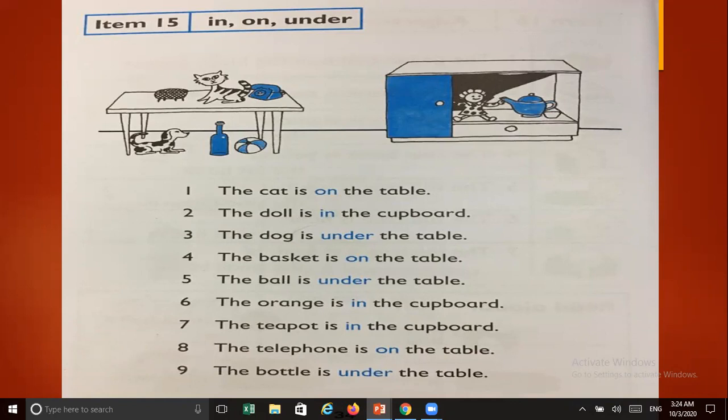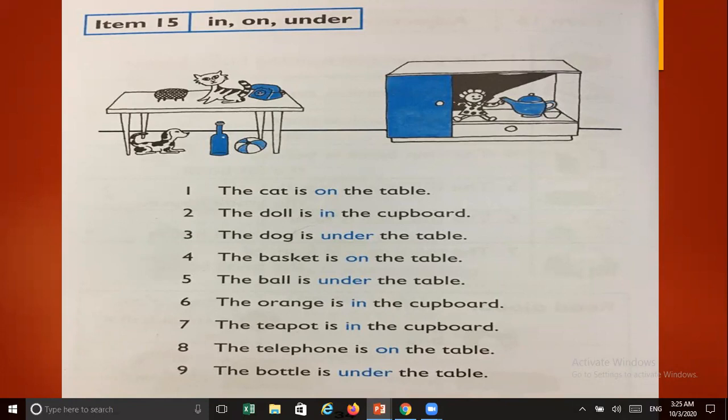Number 7. The teapot. The teapot is in the cupboard. See, this is the teapot. Number 8.